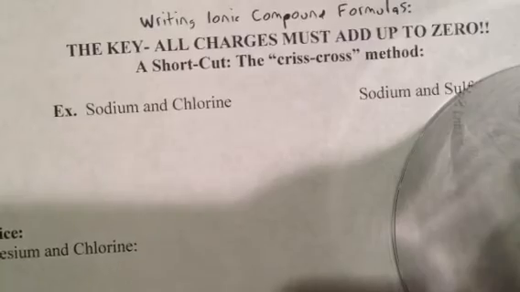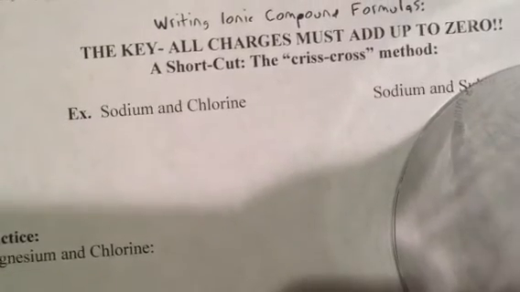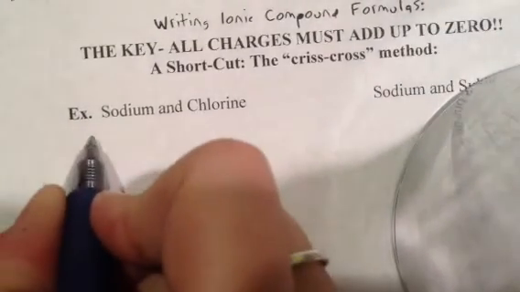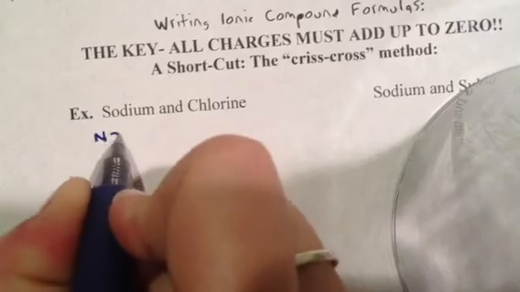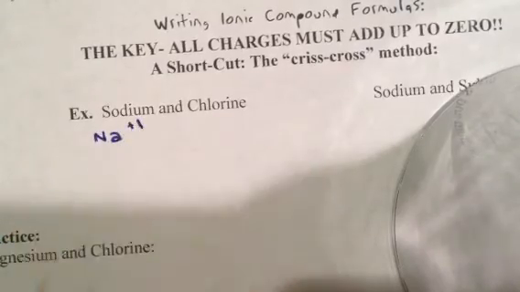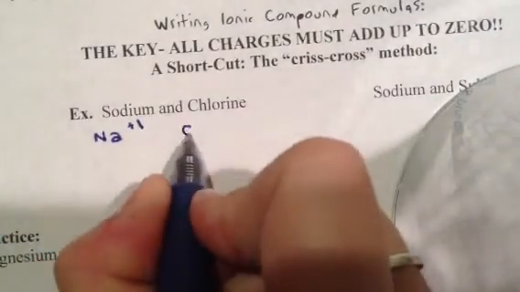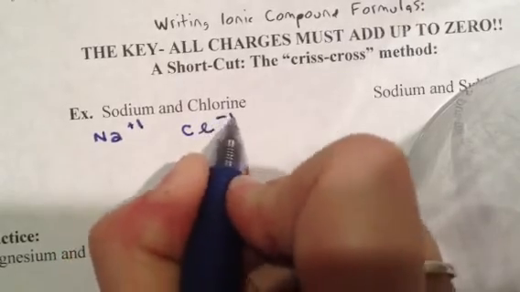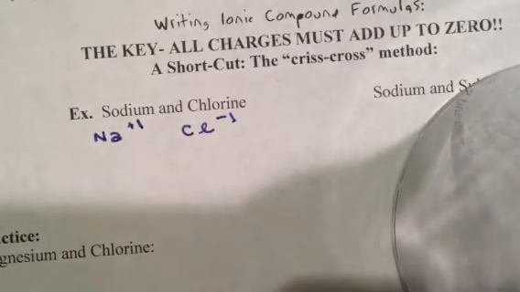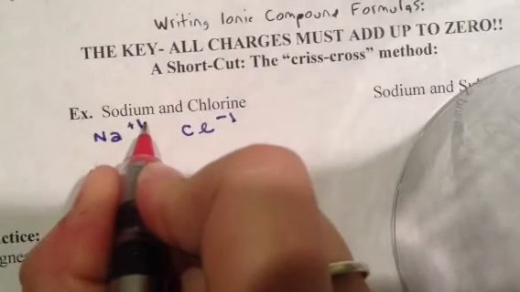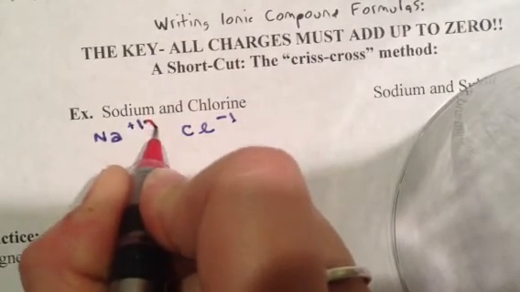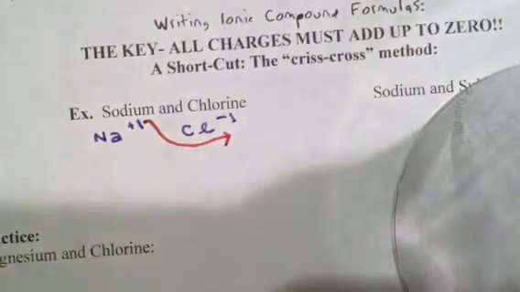You've got sodium and chloride, and we need to write it as an ionic compound. So I'm going to write sodium with its charge, Na+1, and then chloride with its charge, Cl-1. Then I'm going to crisscross, meaning I'm going to take the charge, that's the exponent for sodium, and put it down as the subscript for chloride.